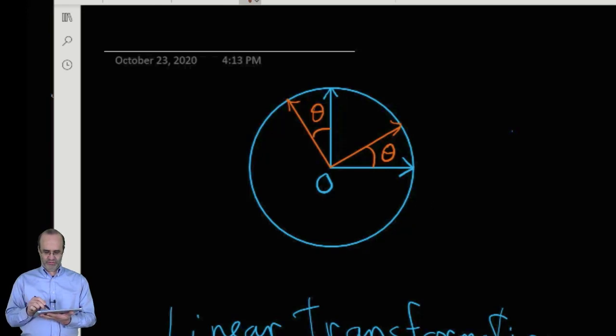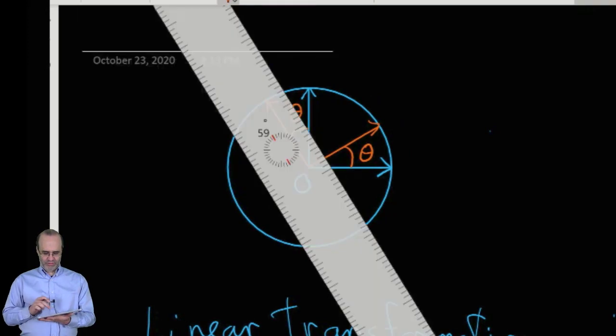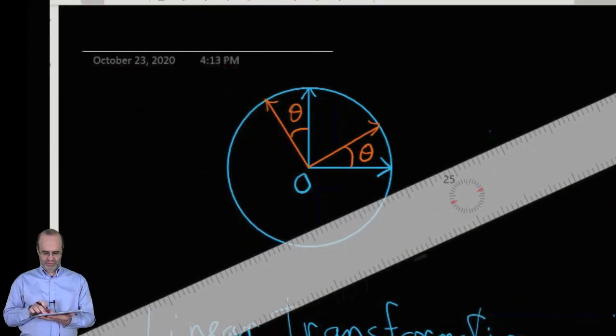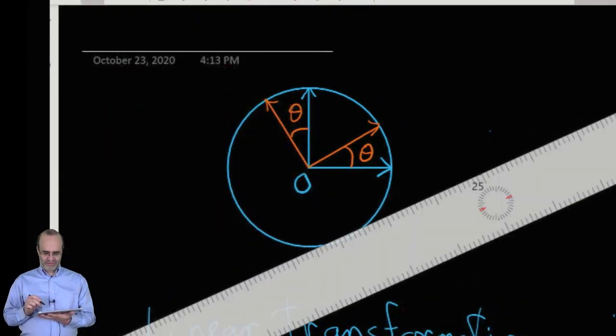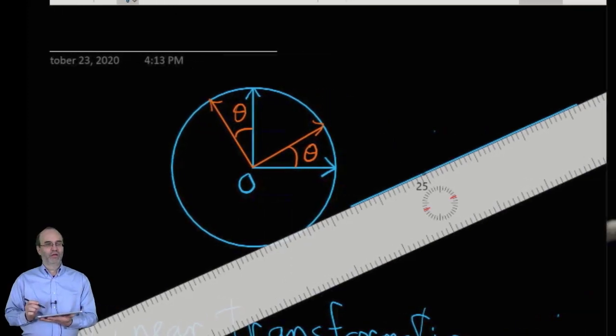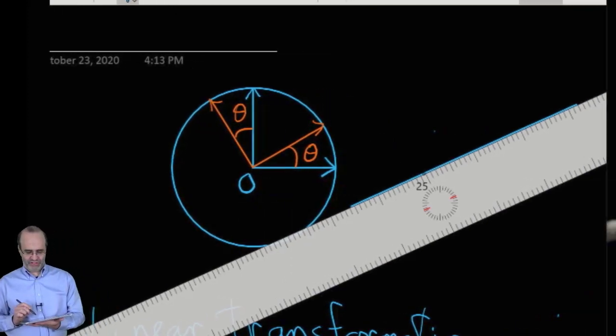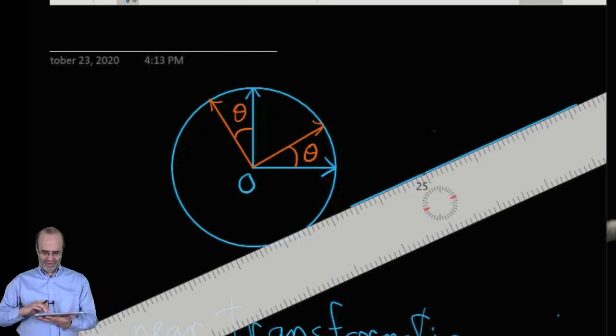If I draw some line here, what's a reflection with respect to a line? How do you reflect with respect to a line?